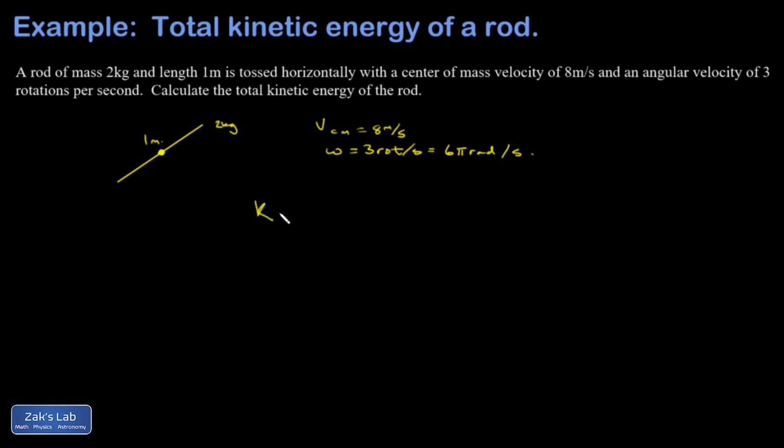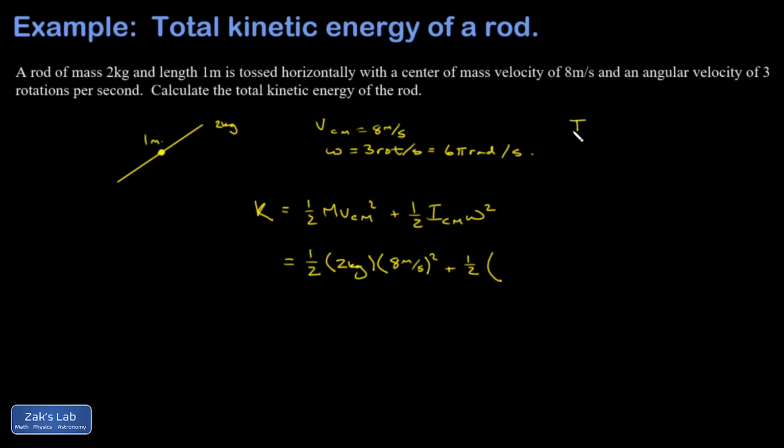So that's K equals 1/2 times the mass times the center of mass velocity squared, plus 1/2 times the moment of inertia with respect to the center of mass times the angular velocity squared. So I end up with 1/2 times the total mass times the center of mass speed squared, plus 1/2 times the moment of inertia for this thing.